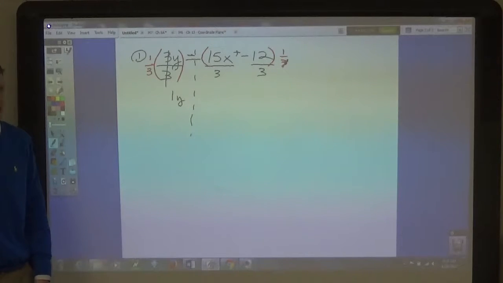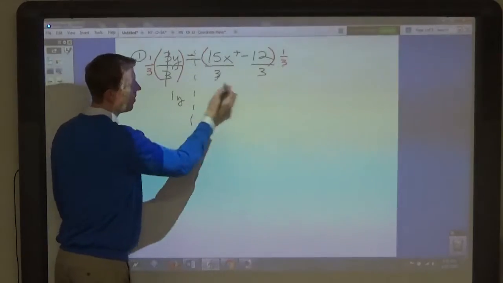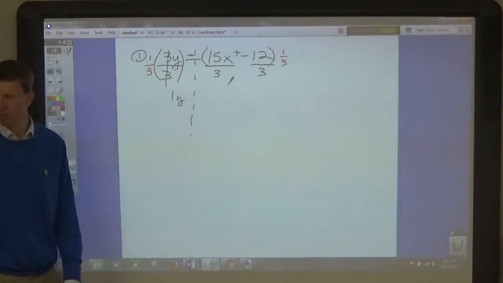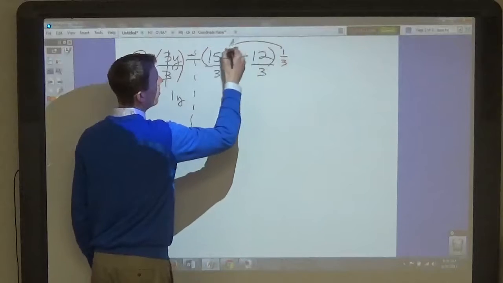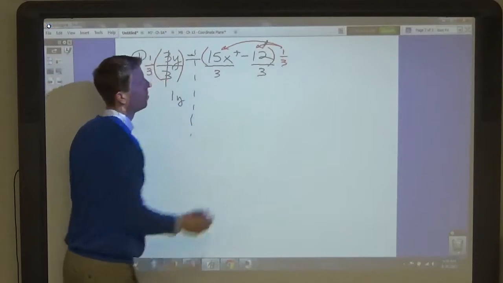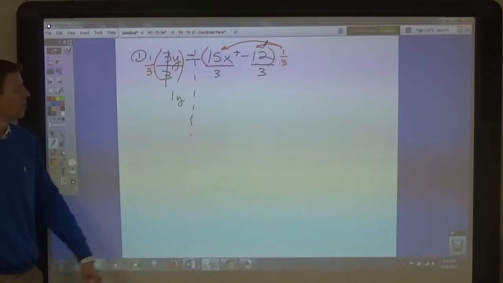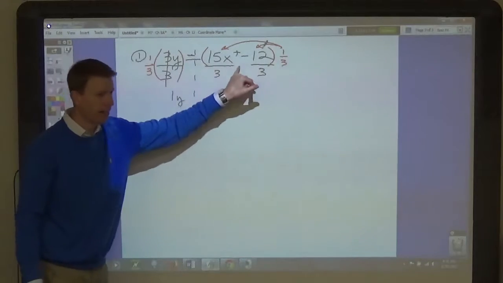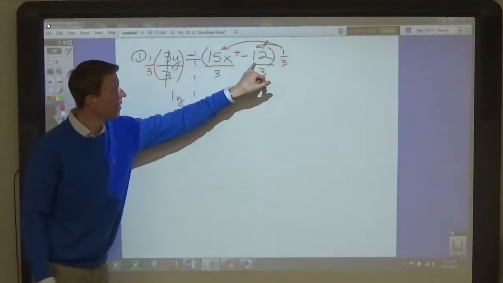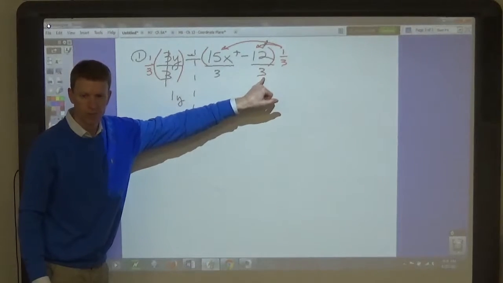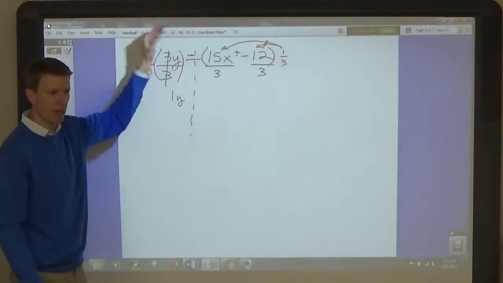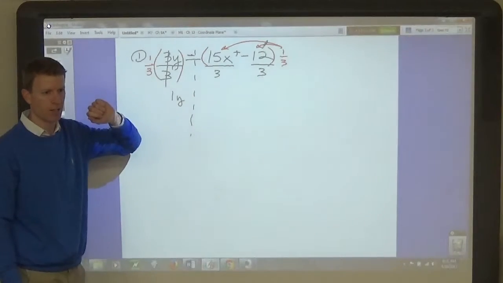Well, that's the same thing as dividing everything by 3. So, by dividing 15x by 3 and dividing negative 12 by 3, we're really multiplying everything in the parentheses by 1/3. Okay?